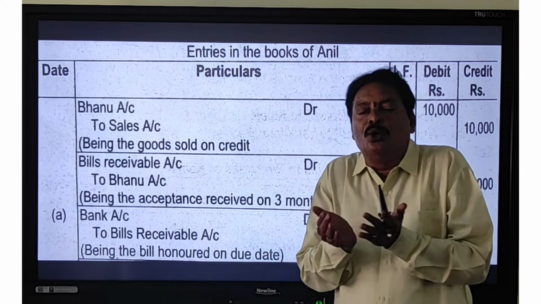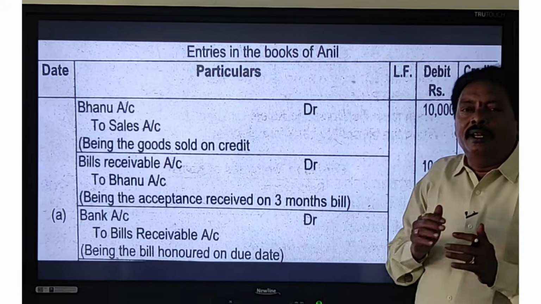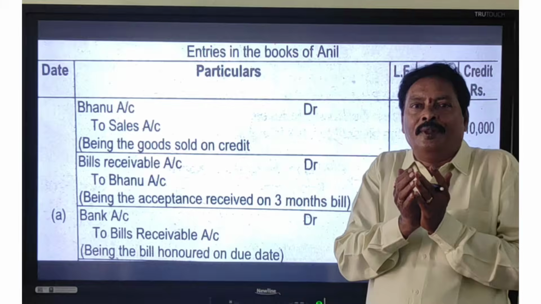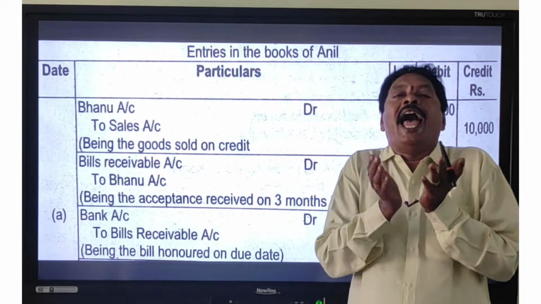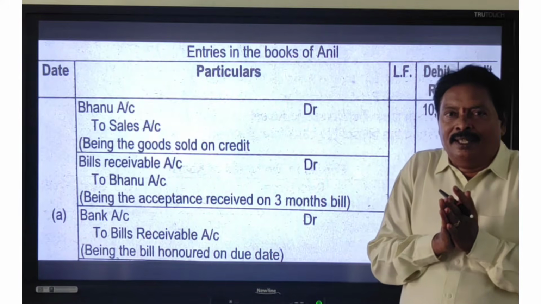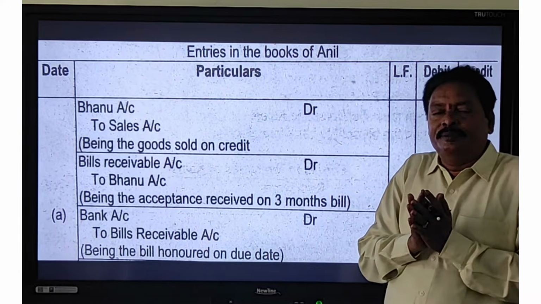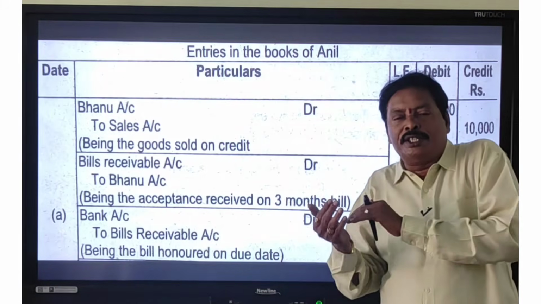After selling the goods to Banu, Anil draws a bill on Banu for his acceptance. In this bill, write the amount 10,000 in words and figures.